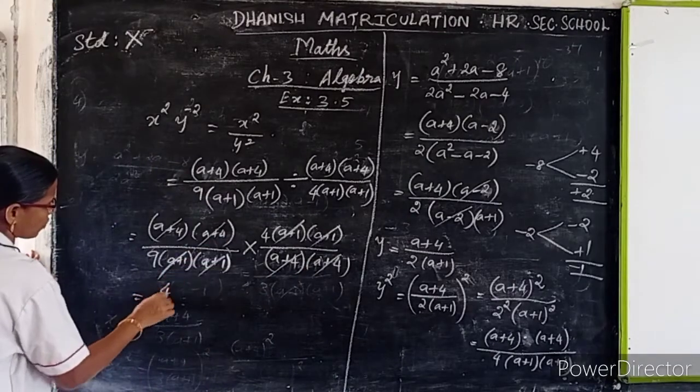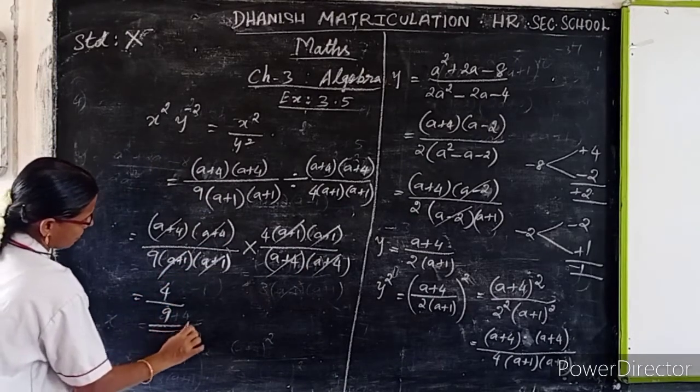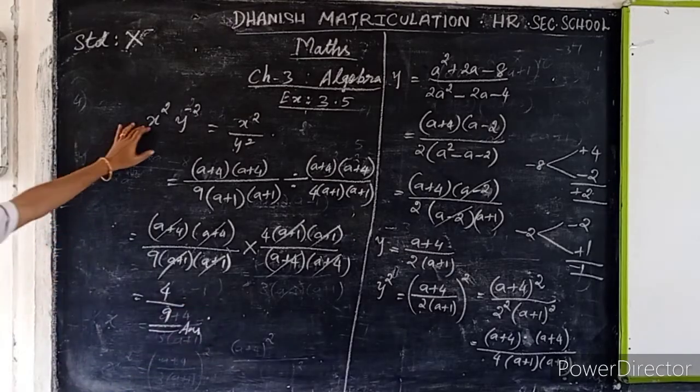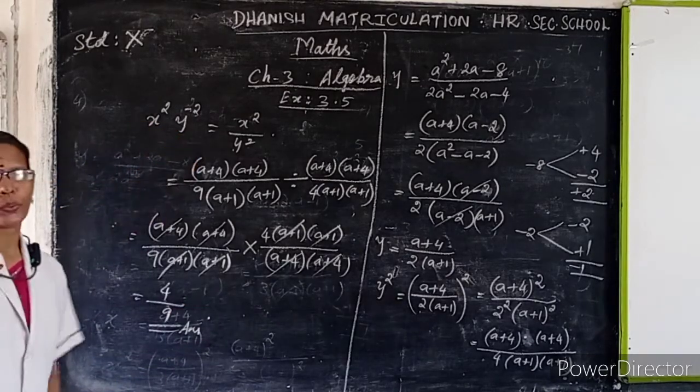So the remaining terms are 4 by 9. That is the answer for the value of x square into y power minus 2.